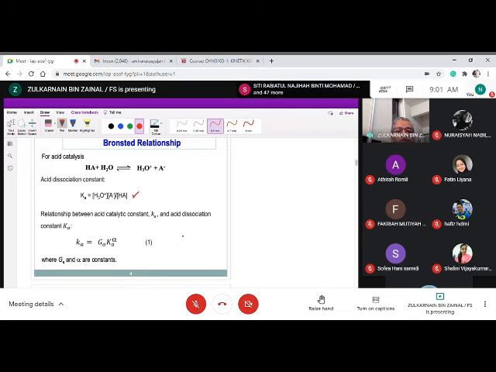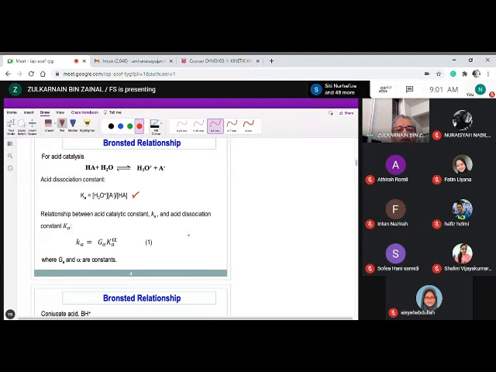Okay, and then the relationship to Ka. This Ka is the rate constant, the acid catalytic constant. So we write that as Ka.